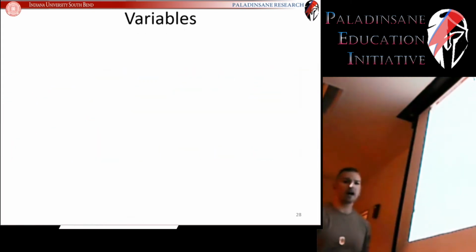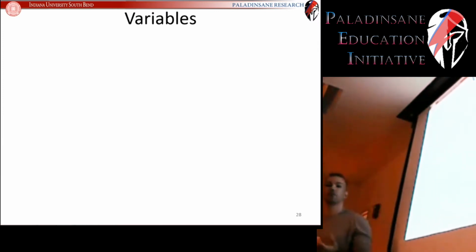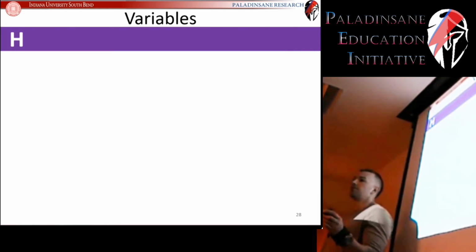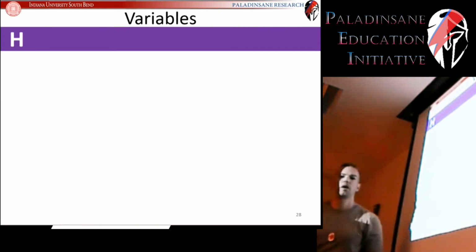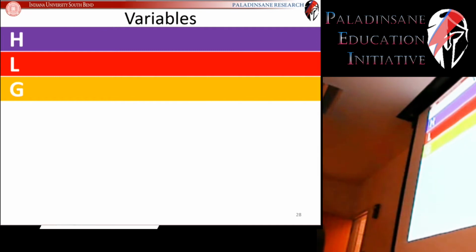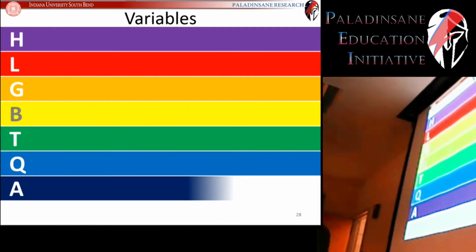If you take a look at things like sexual orientation, if everybody was heterosexual, sexual orientation would not be a variable, right? Because if everybody's heterosexual, it doesn't vary. As soon as you add one other level, so we have heterosexual, we have lesbian, now it's a variable because people can be different things. And as we probably have encountered, there are a lot of levels now for sexual orientation.